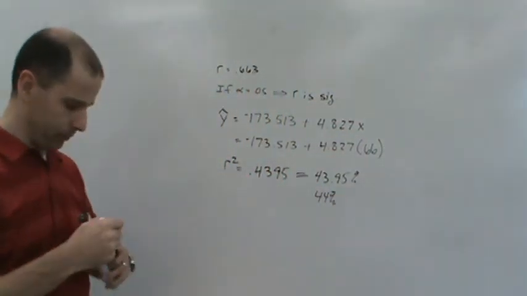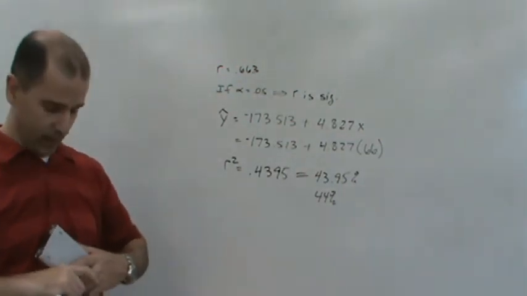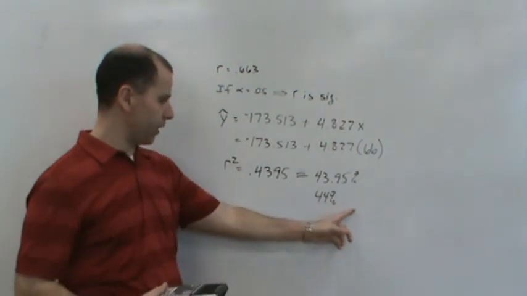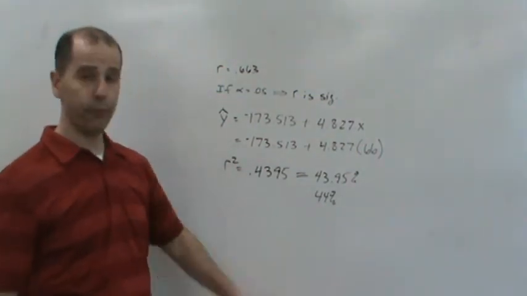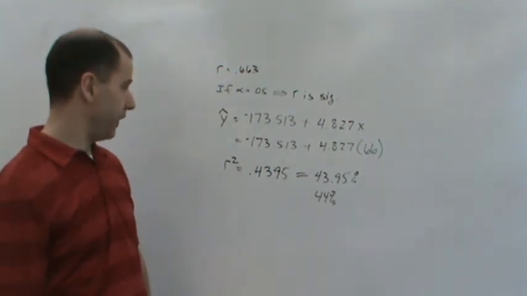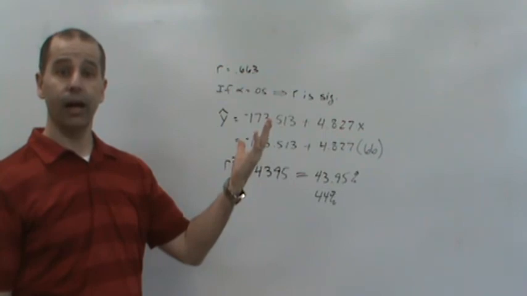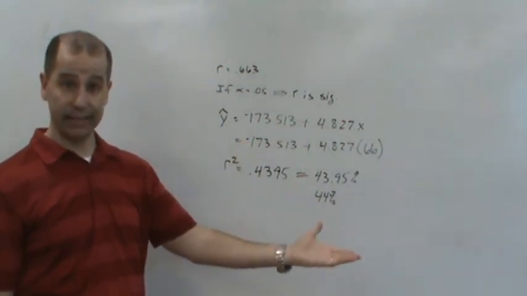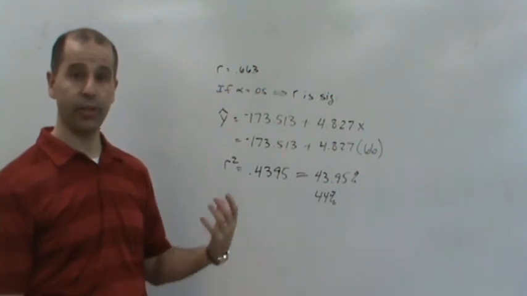So what does this mean? Well, in words, because getting the value is one thing, but interpret it. What does this mean? It means that 44% of the variation that we see in the final exam scores is explained by the variation that we see in the third exam scores.